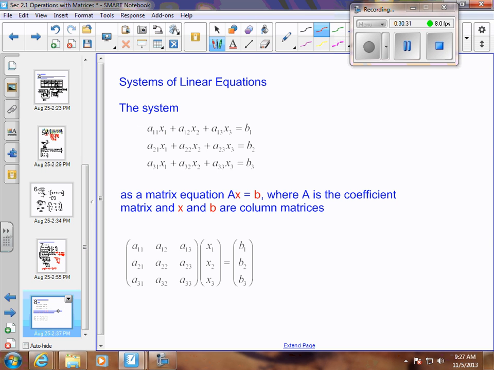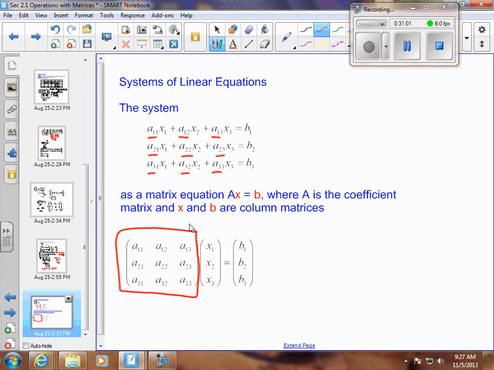On the last slide, I just simply represent a system of linear equations as a matrix equation. The elements of the matrix are the coefficients from the system of equations. You can see that the first matrix represents the coefficients of each equation.